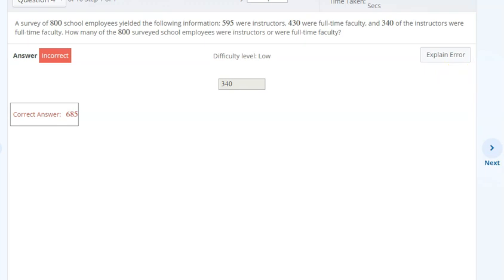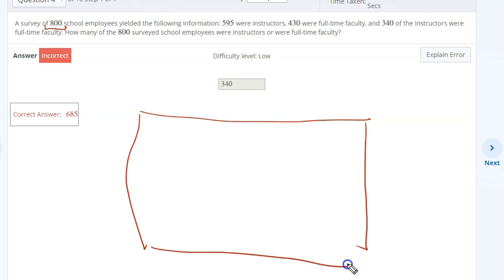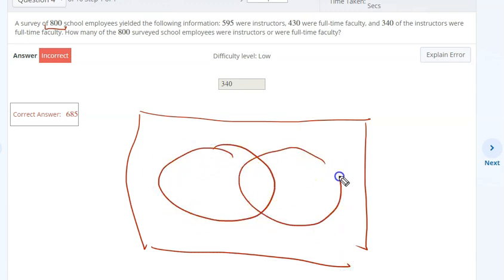Now in this next one, this student had this one incorrect. So let's see if we can get the right answer and the strategy to do it. So we're surveying 800. If we make a Venn diagram here, a crude one, I'm assuming it's going to be like so.